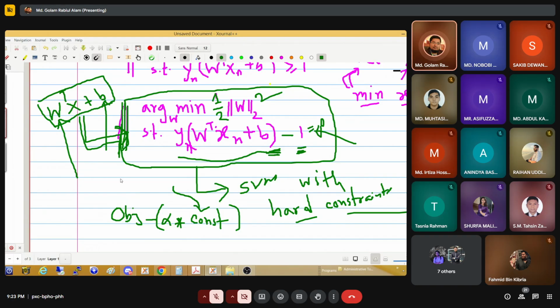So now we have to form the Lagrange equation. At first, the objective. What's our objective function? The objective function is the argmin, that means this part.